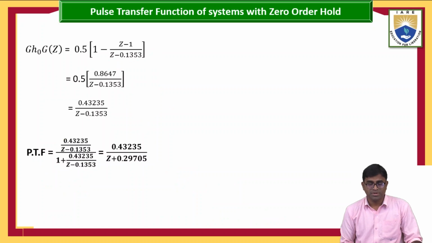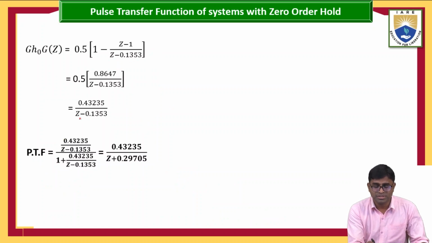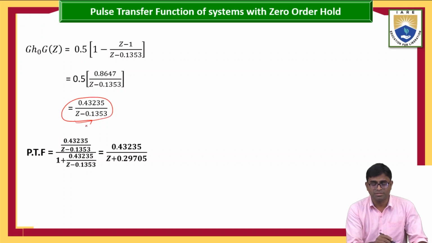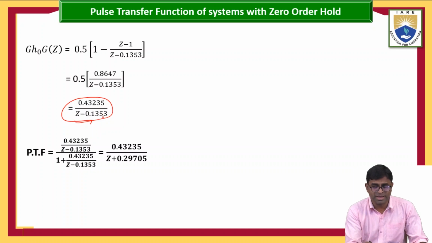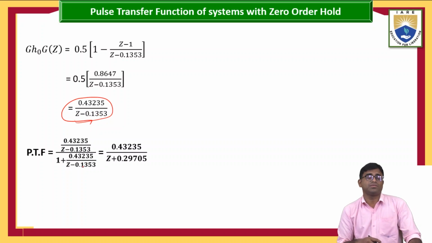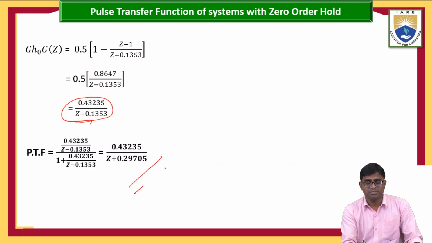After that, go for the function calculation part. We got the value of G h naught of z. So the transfer function is this one by 1 plus G h naught, with H of s equal to 1. So you get 0.4333, this value.